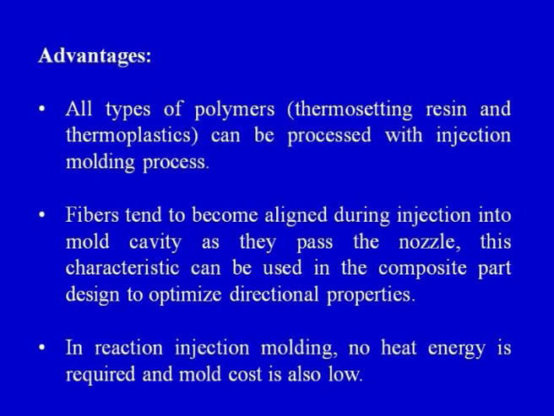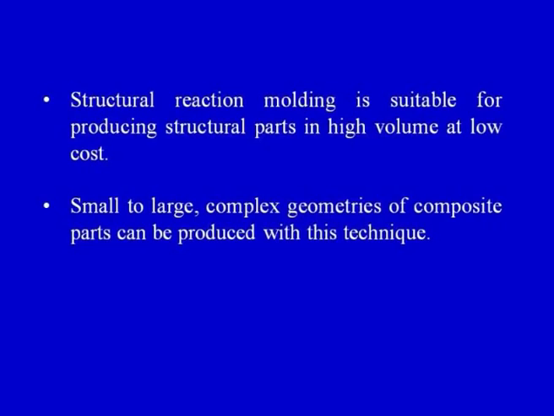In reaction injection, because a reaction is taking place, the heat of the reaction is used for softening the matrix, therefore sometimes additional heat may not be required. Structural reaction injection molding is suitable for producing structural parts of high volume at low cost. Structural parts mean parts which can be used for engineering applications in civil engineering or for making different structural components. Why?